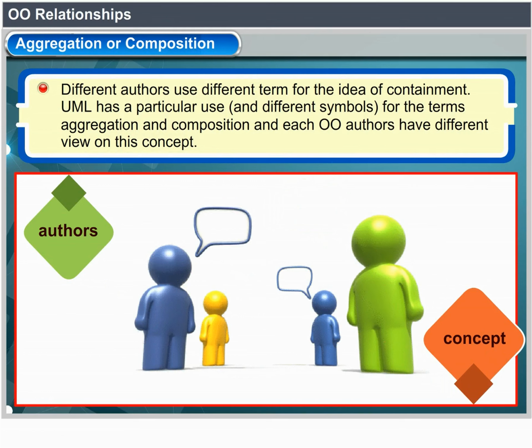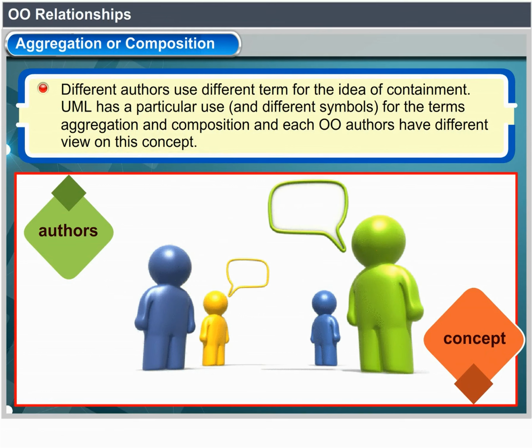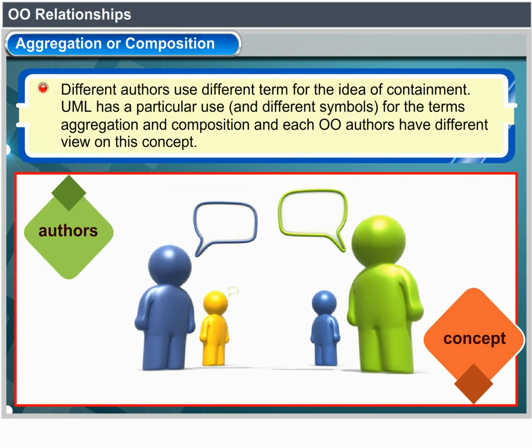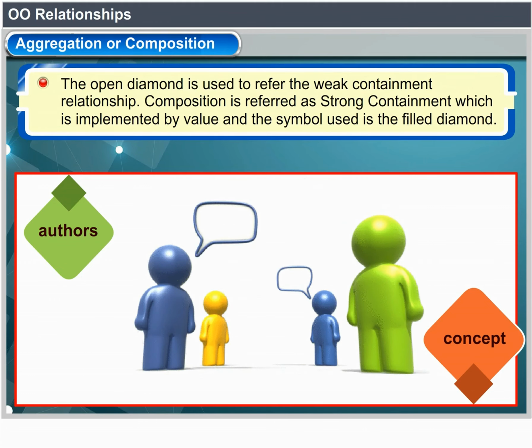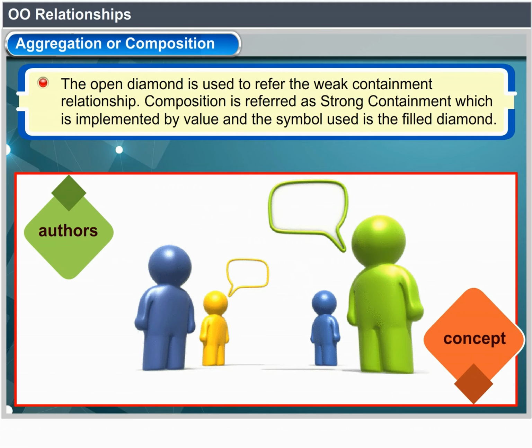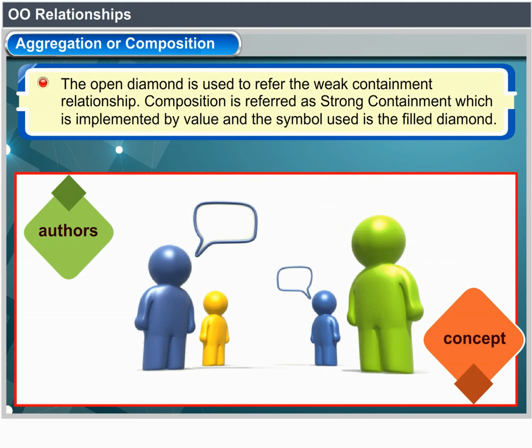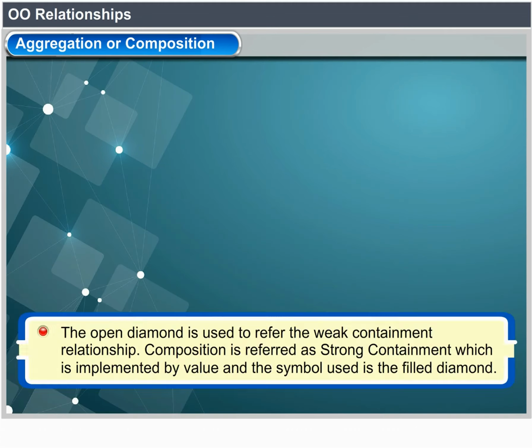UML has a very specific use and different symbols for the terms aggregation and composition, though this is not necessarily consistent with OO authors. UML aggregation is weak containment, usually implemented with pointers, and the symbol is an open diamond. Composition is strong containment, implemented by value, and the symbol is a filled diamond.